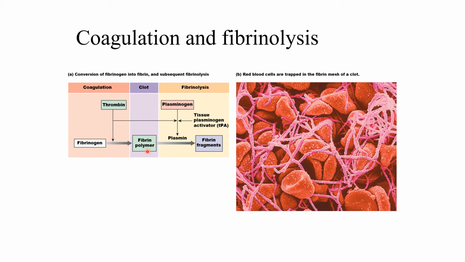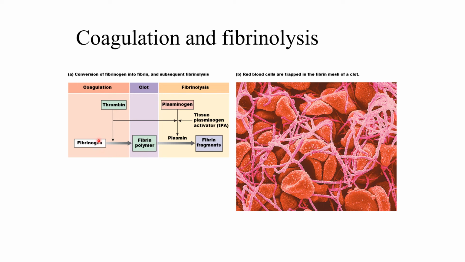Now, how do we get the fibrin protein? There is an enzyme known as thrombin. This enzyme helps convert an inactive form of a protein known as fibrinogen into its active form known as fibrin.